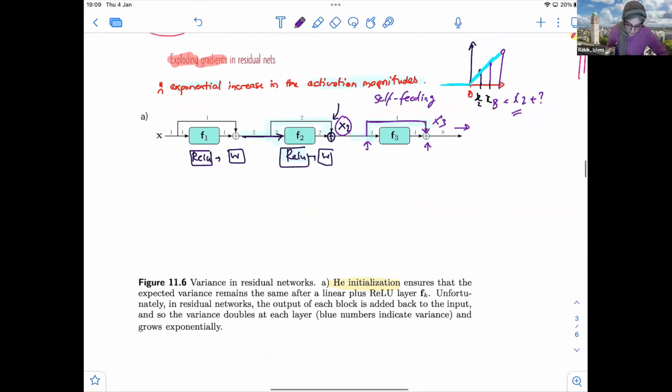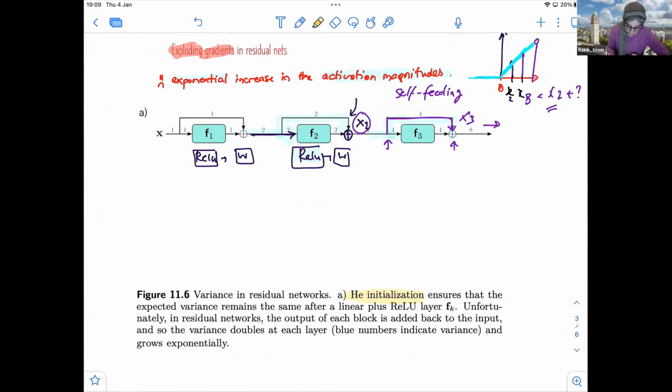So moving forward, let's see what happens. With this He initialization, it ensures that the expected variance remains the same after a linear plus ReLU layer, F_k. Unfortunately, in residual networks, the output of each block is added back to the input. So the variance doubles at each layer. You can see it here.